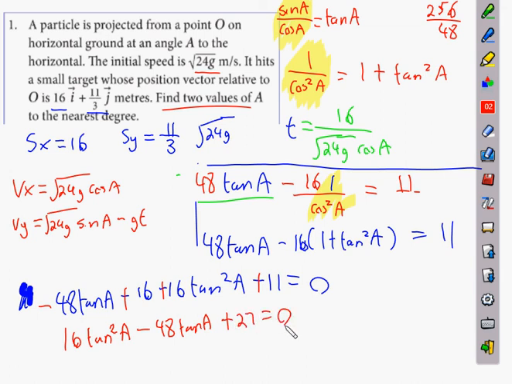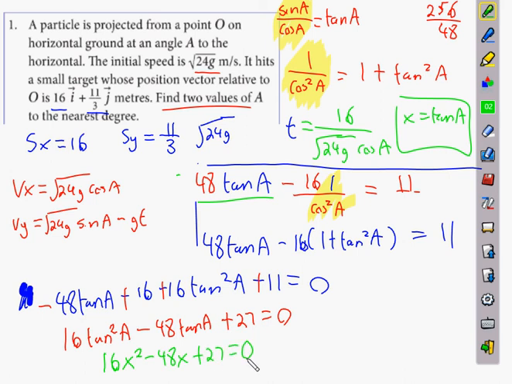Anybody identify the type of equation I have? It's a quadratic. So what I'm basically going to do is store x equals tan A. You happy enough with that? X equals tan A. So, 16x squared minus 48x plus 27 equals 0.